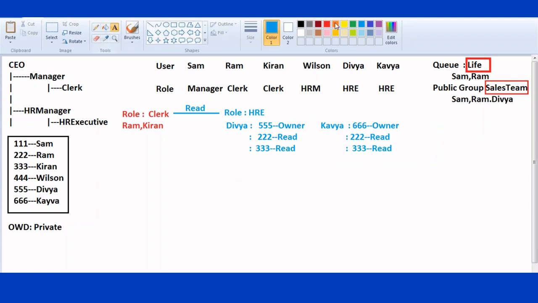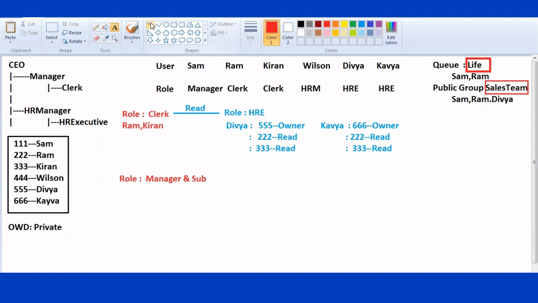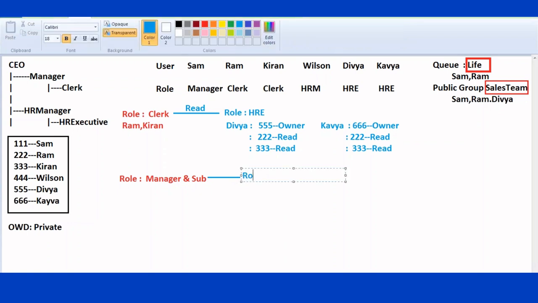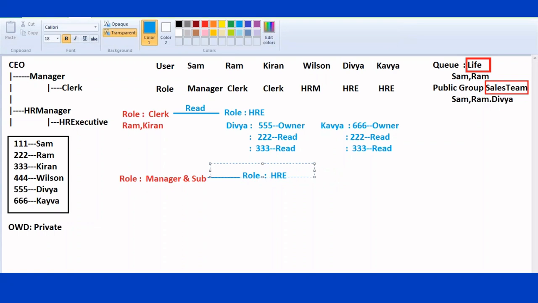The second one, let us take the next one. Records owned by the users whose role is manager and below. Records which are owned by the users who have a role of manager or below the manager, share those records with the users whose role is HR with read and write permission.